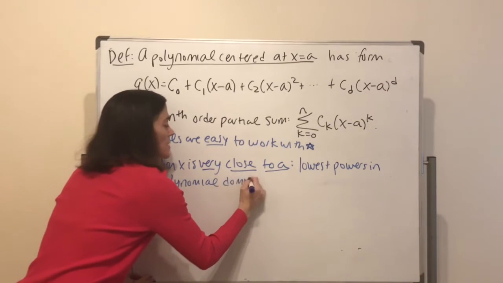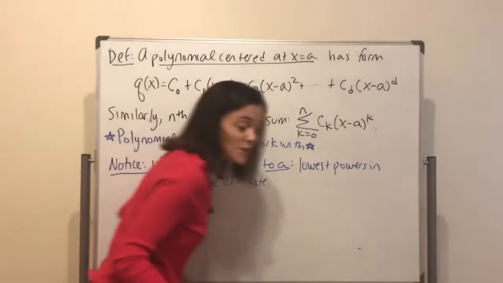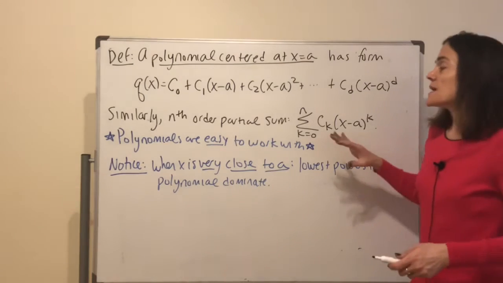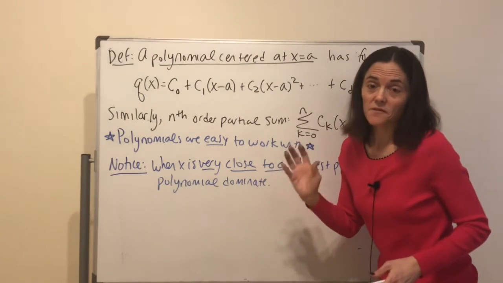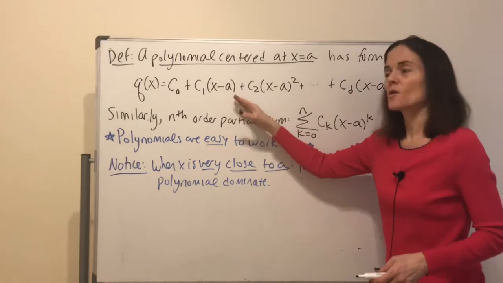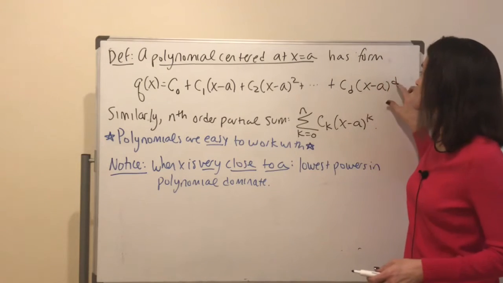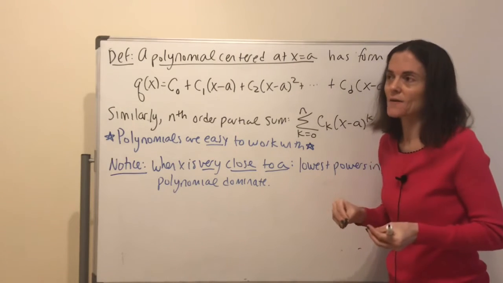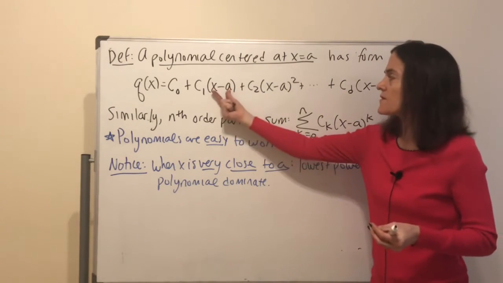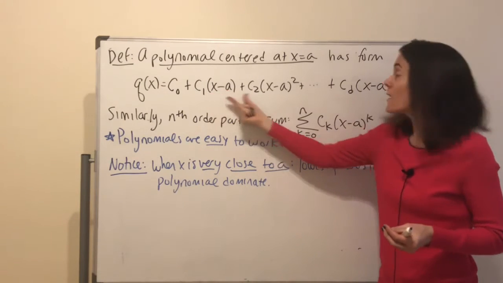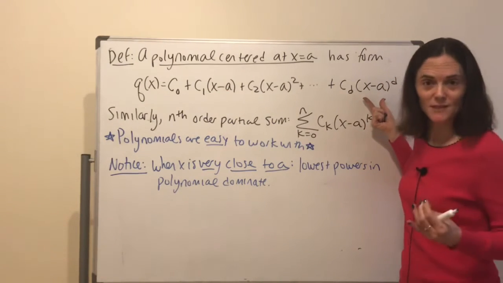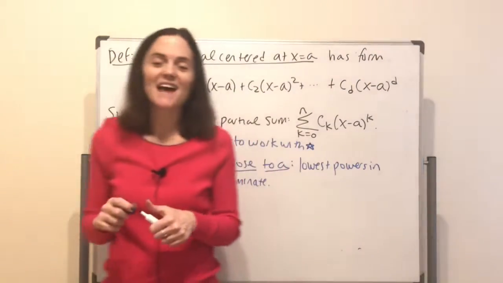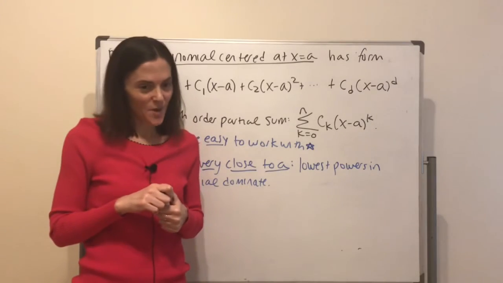And this is a very good observation, and we even used it, for example, in Calc 1, which I will get to momentarily. It's quite the opposite of when x is very far away from a. If x is very far away from a, then the highest powers dominate. But when x is very close to a, it's the lowest powers that dominate because this quantity is very small, and when you raise it to the d, it's really, really small. So the lowest powers will dominate. And this is an important thing to think about as we approximate functions with polynomials.